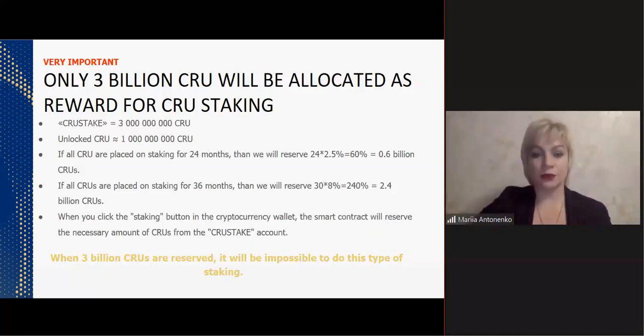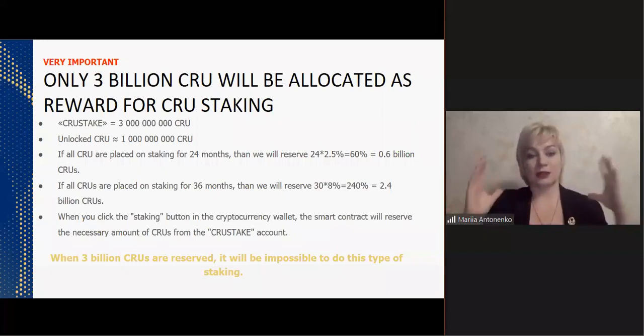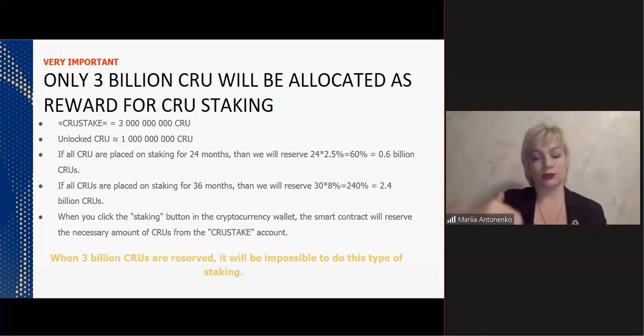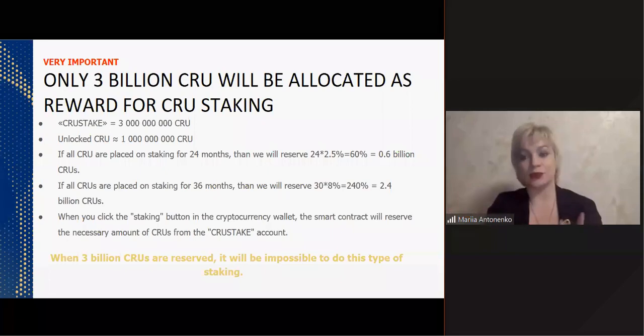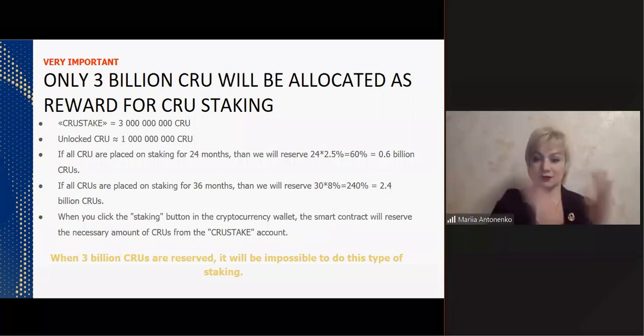We have allocated 3 billion CRUs for the reward for CRU staking. And on the blockchain, you will see that pool, the so-called staking pool, and how many tokens are left. So if we all stake our CRUs for the sake of CRUs, maybe those 3 billion will be allocated quite fast across all people who stake their unlocked CRUs.